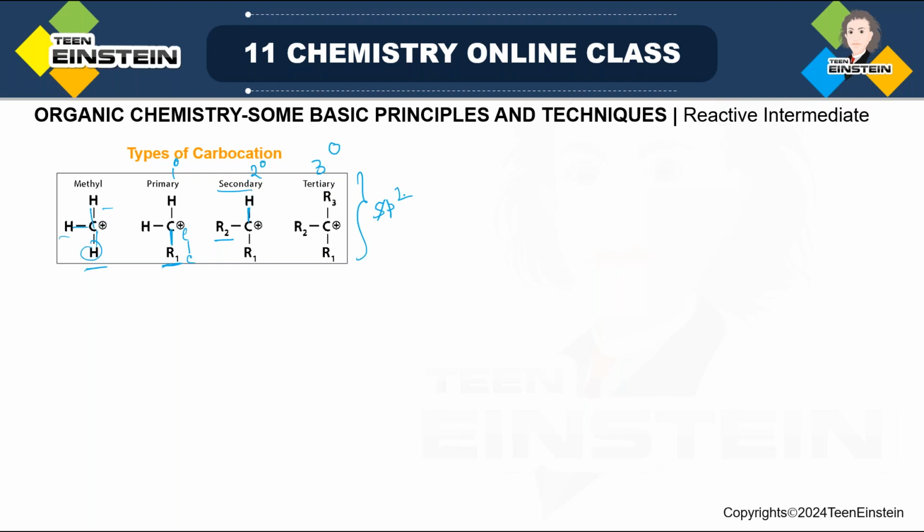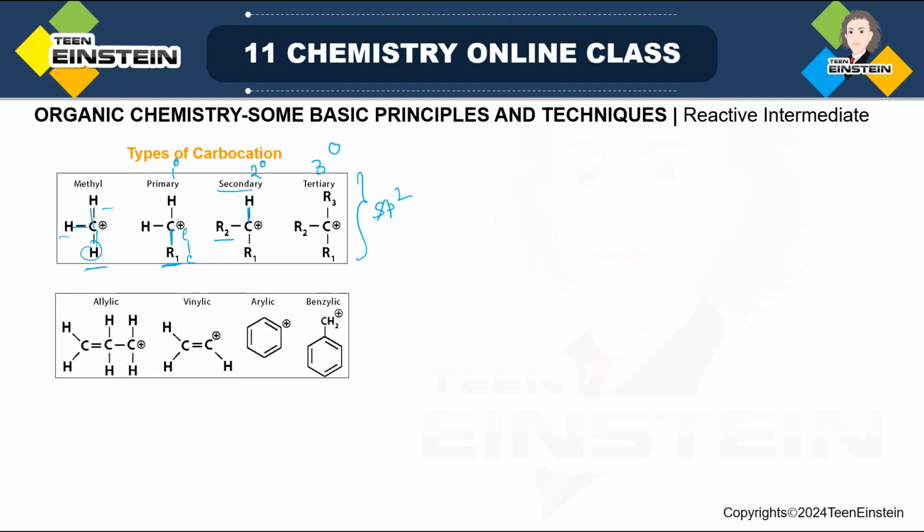But sometimes you will have some different types of carbocation. Now look at this one, it is called allylic. Here the carbon which is carrying the positive charge still has 3 sigma bonds. So this is also sp2, but there is also a C=C double bond, and this type of positive charge is very stable, as you can understand, because of resonance with the C=C bond.